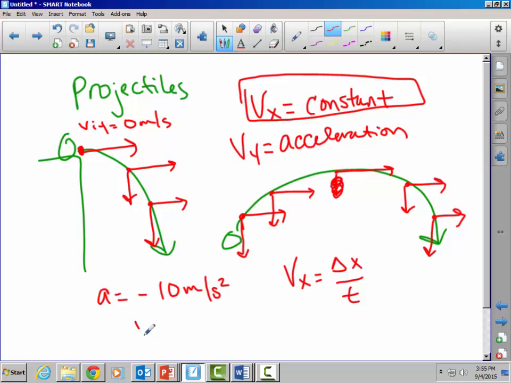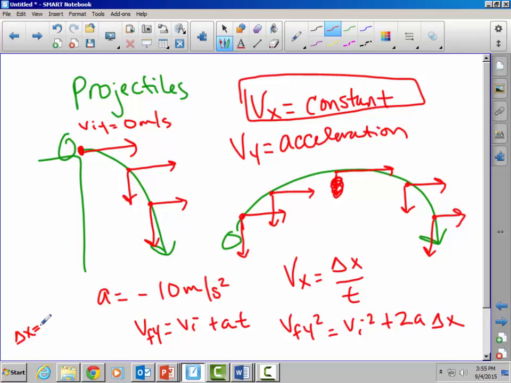But in the y direction, we have all of these, all of our familiar friends here can help us out, because in the y direction is the direction we have acceleration happening. Oh, that should not be changing x, that should be changing y.